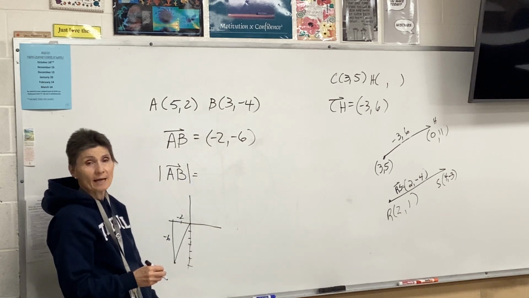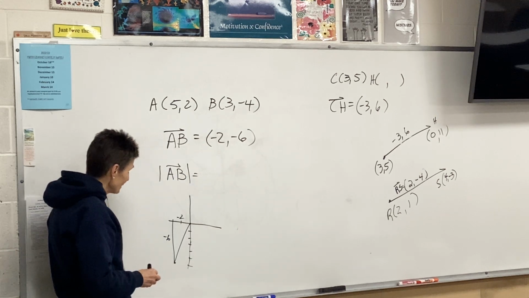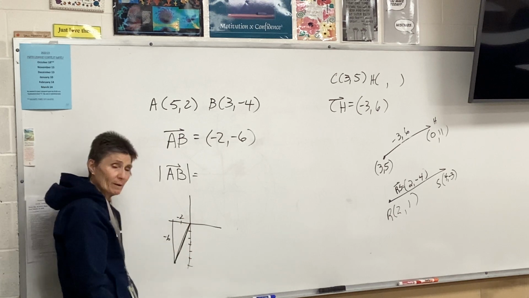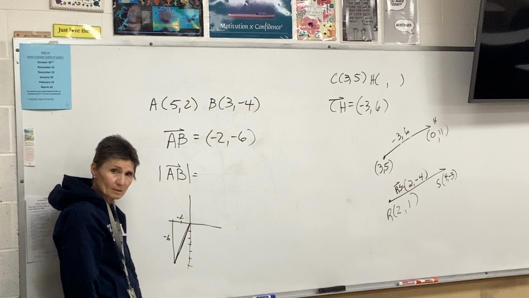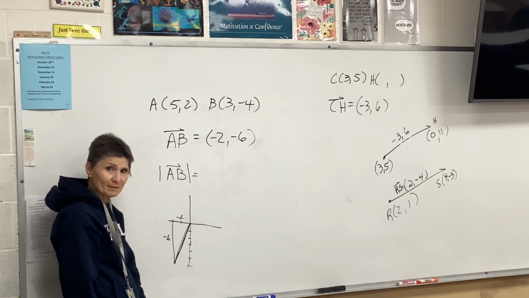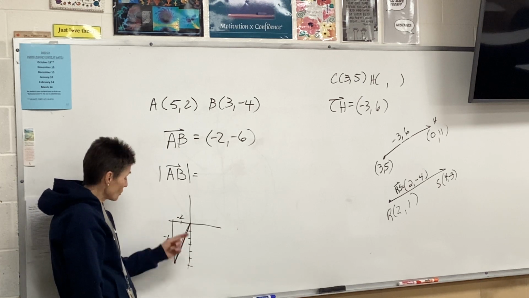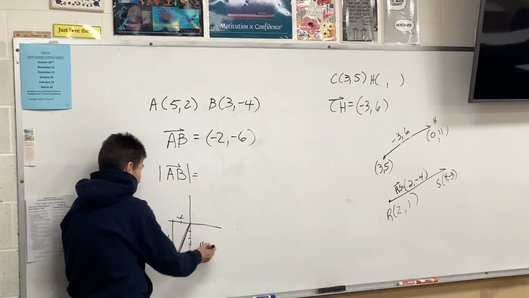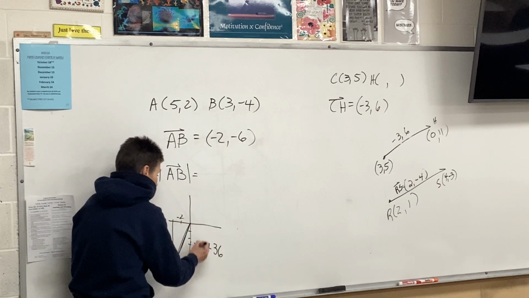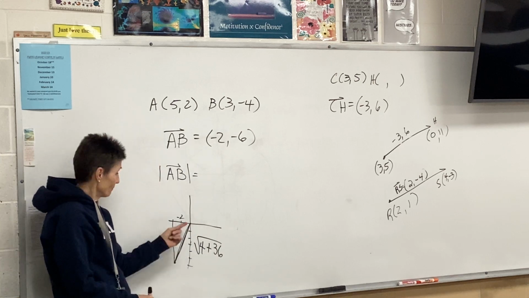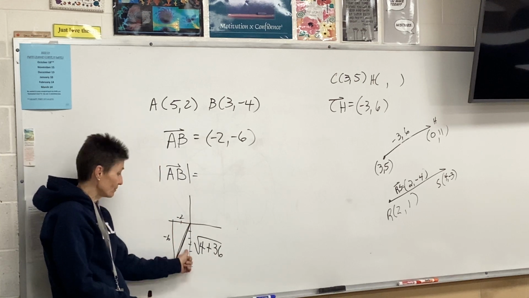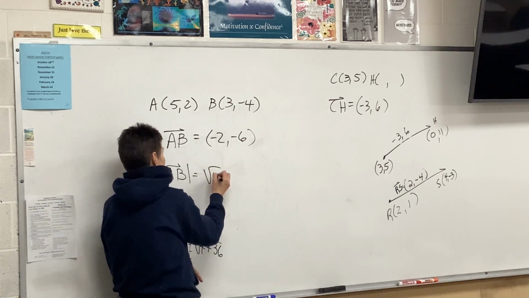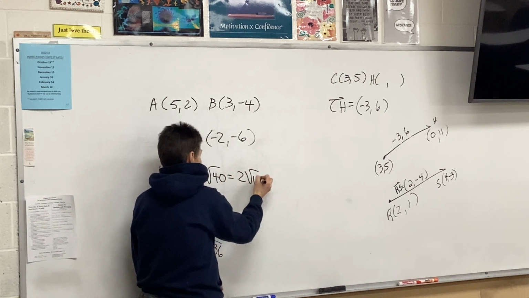He goes left 2, down 6. This is his magnitude. What am I going to do to find the magnitude? I'm going to do the Pythagorean theorem. Absolutely. So that would be 2 squared, or 4, plus 36, the square root of that. A squared plus B squared, I'm looking for C. So that's 40, root 40, 2 root 10.